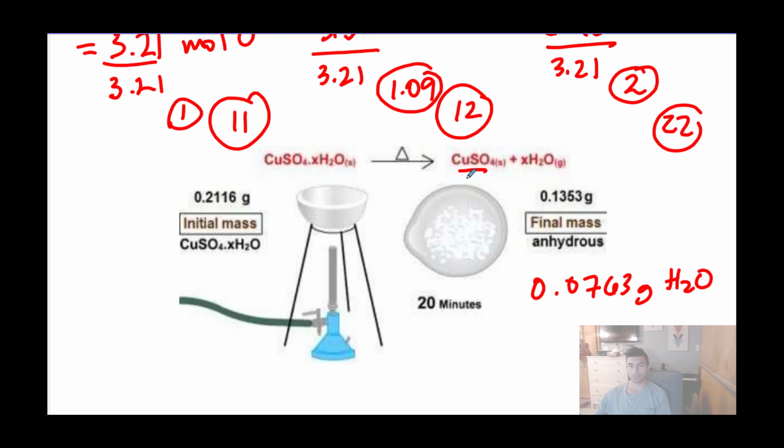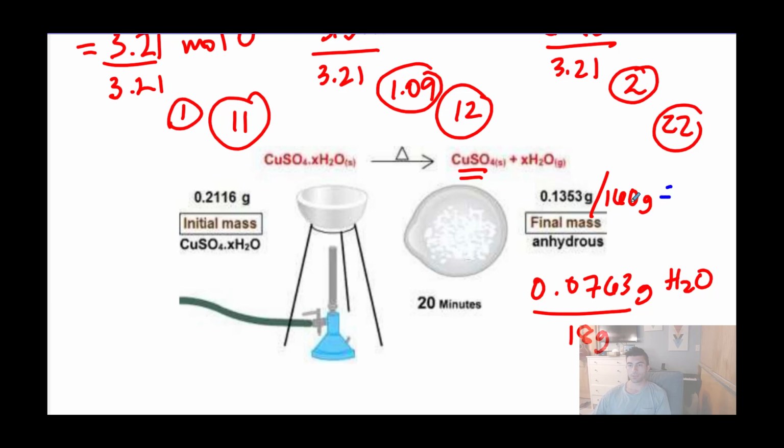For the copper sulfate itself, if we find the molar mass of that, copper plus 4 oxygens plus 1 sulfur, we should get about 160 grams. We know water has a molar mass of 18 grams per mole.